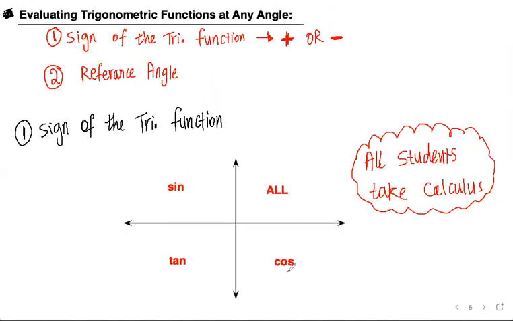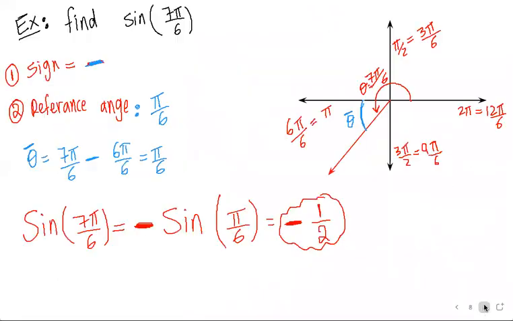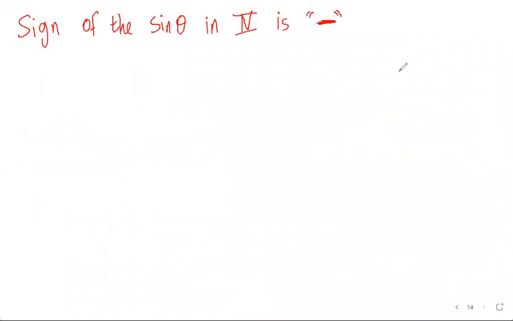Again, the only function that is positive in the fourth quadrant is the cosine. Sine is negative.